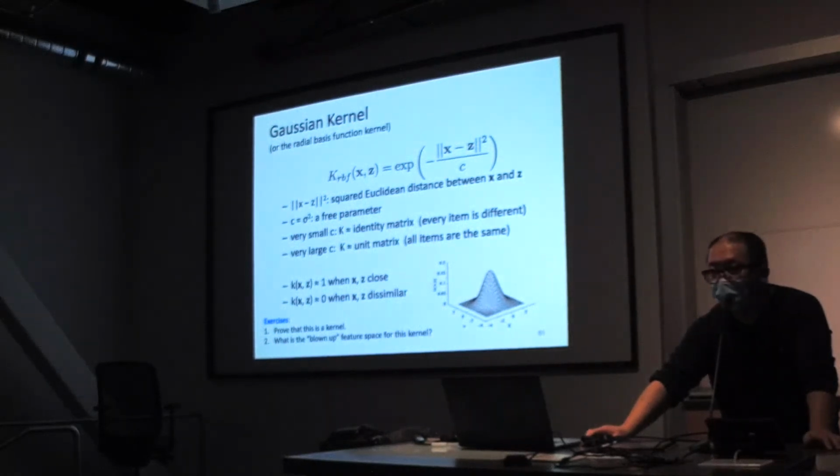It's an infinite dimensional feature mapping. After doing that, you'll see why we really need the kernel trick. Without it, for an infinite dimensional feature mapping, you will never be able to compute it exactly in practice.